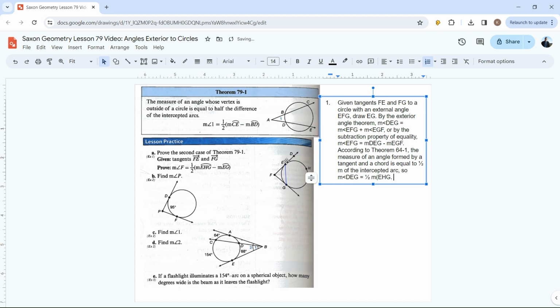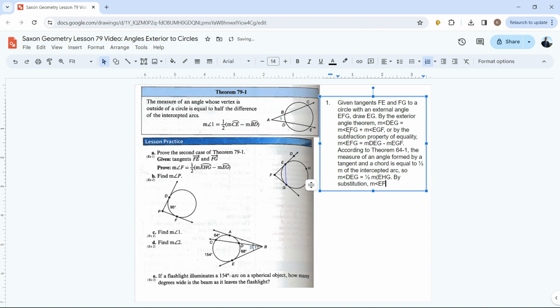So we're going to use substitution here. Remember, what we're looking for is the measure of angle EFG. So I don't want to substitute that.